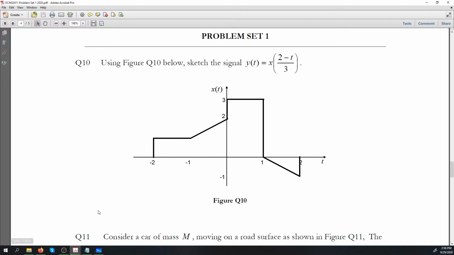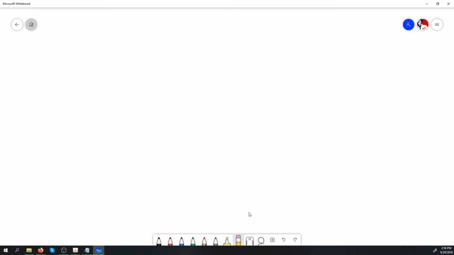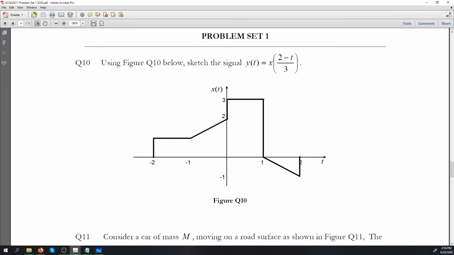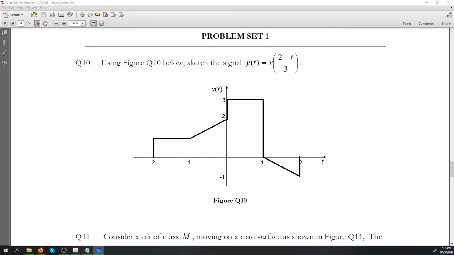So let's draw axes to start with. And we just observed here that our axes are going from -2 to +2 on the time axis. So we have to split this accordingly.